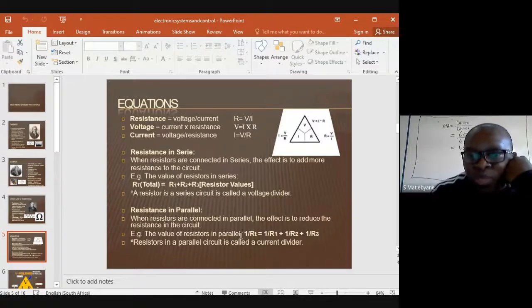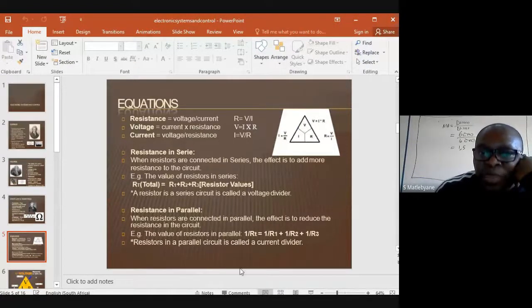Now let's go to the parallel circuit. Resistors in a parallel circuit are called current dividers. Then what happens to voltage in a parallel circuit? Thank you. So it means voltage will remain the same in a parallel circuit.